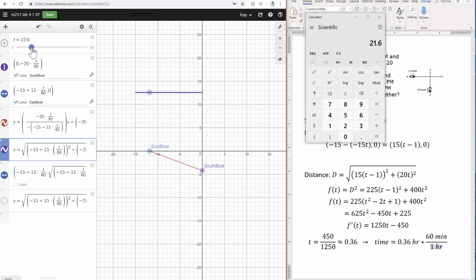The distance goes down to a minimum, and then it goes back up again, and then their distance gets to 20. So it starts off with a distance of 15 kilometers, and then it dips down to about 12, and then it goes back up to 13, 14, 15, all the way up to 20. You can see that it does reach that minimum value somewhere over here when we have about 22 minutes.